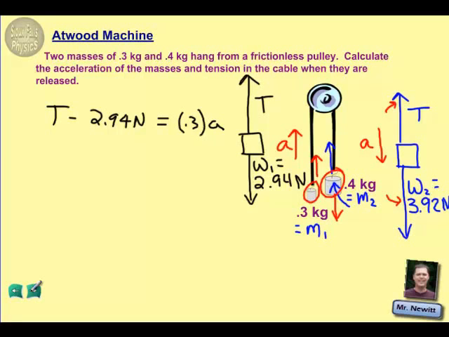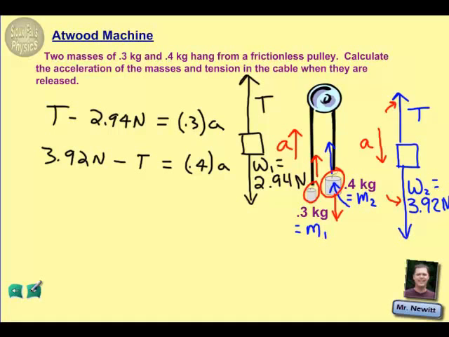For the 0.4 kilogram mass, we have a similar situation, but because it is moving in the opposite direction, in other words, the weight of the 0.4 kilogram mass is going to be more than the tension, then we take the 3.92 newtons, the weight, minus the tension in this case, and that'll equal the mass of 0.4 times the acceleration. And so now we have two equations with two unknowns that we can then solve.